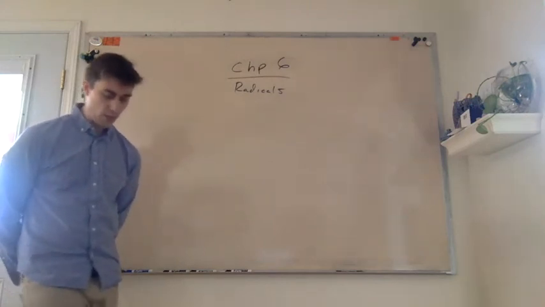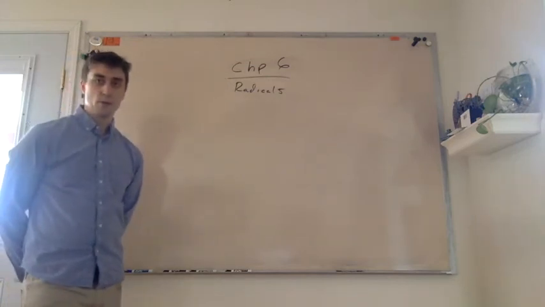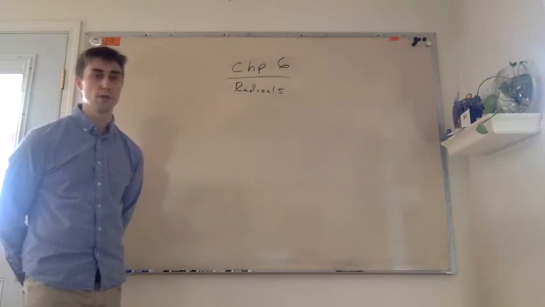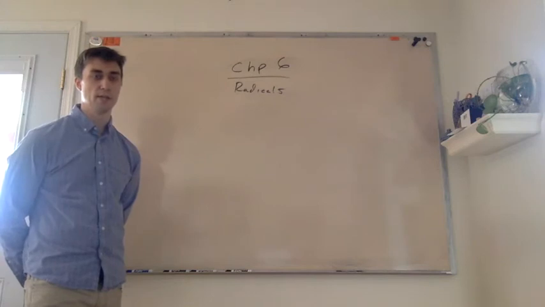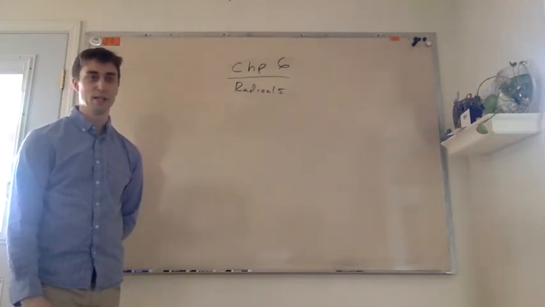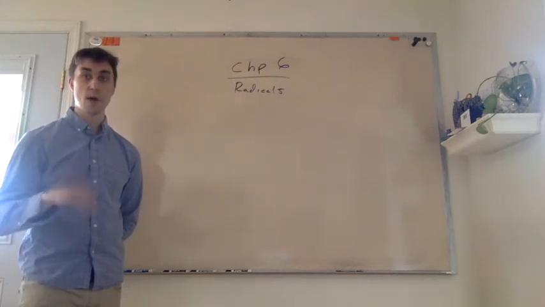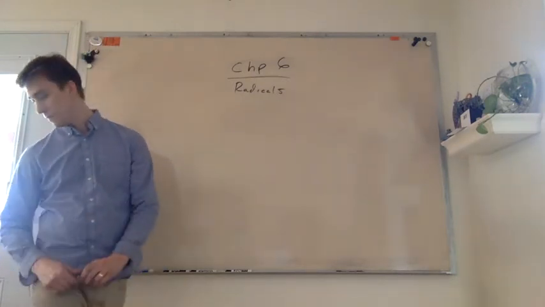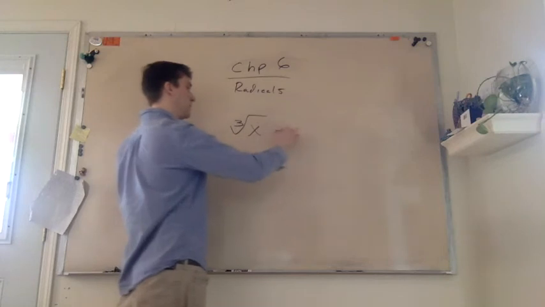Here's another point you want to make: it's only possible to produce an erroneous solution when you square both sides, or raise both sides to the fourth power, or sixth power, any even power. But for odd powers, it's not a problem. So take something like cube root of x equals -2.